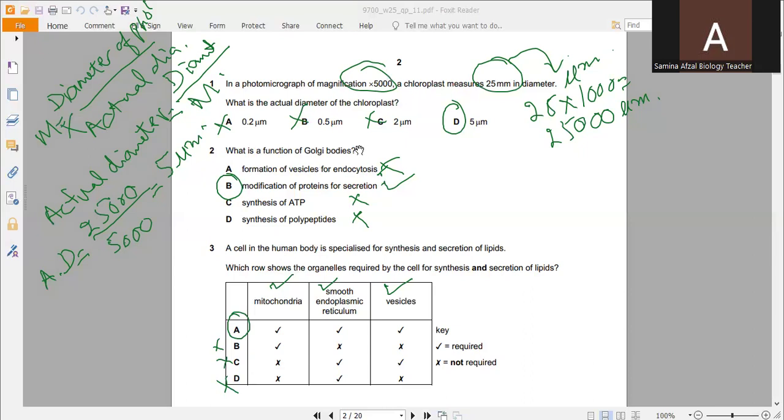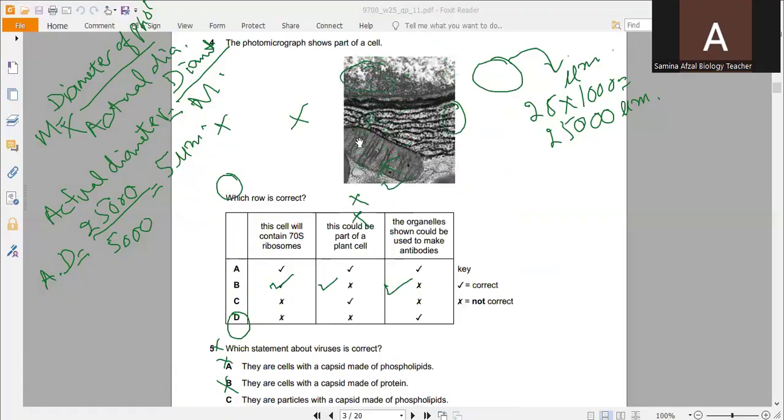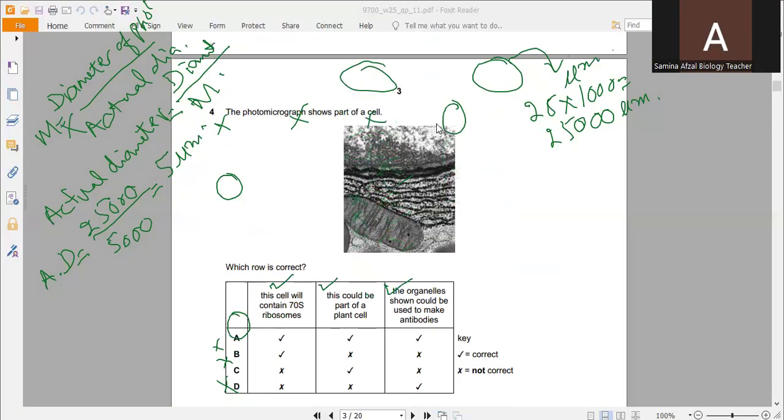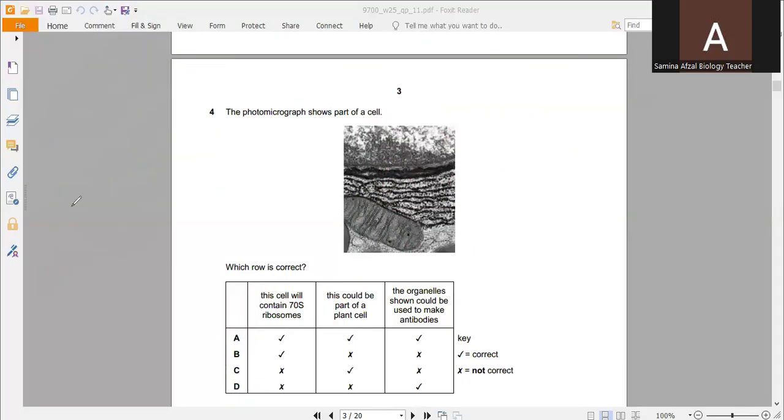Now, question number 4. The photomicrograph shows part of the cell. Which row is correct? This cell will contain 70S ribosomes.